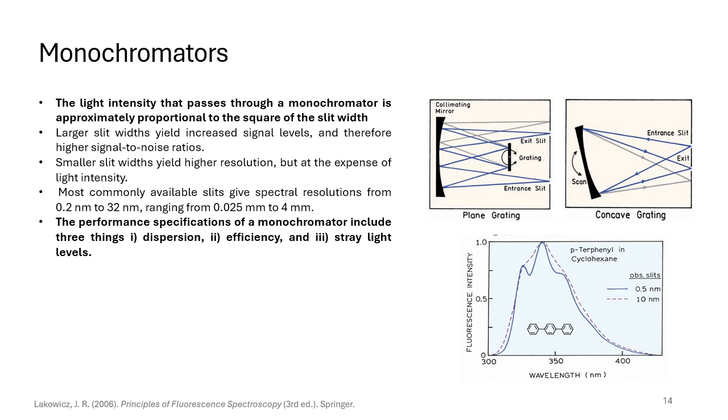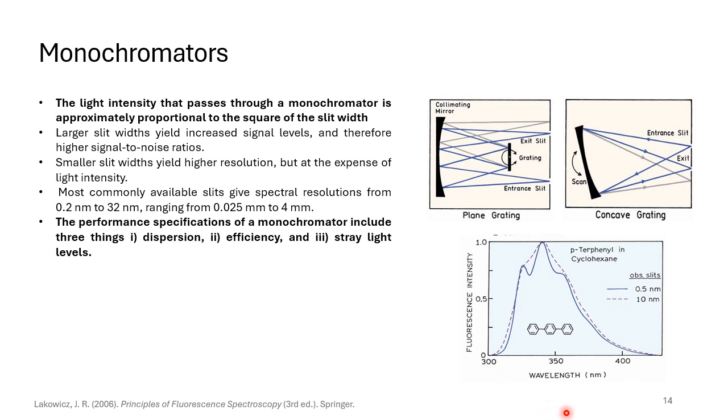On the other hand, a smaller slit yields higher resolution, but at the expense of the light intensity. You can also see from this figure that when the slit is 0.5 nanometer, it provides us higher resolution as it shows more characteristic features, whereas in the wider slit this plot does not have these characteristic peaks, so the resolution is low.